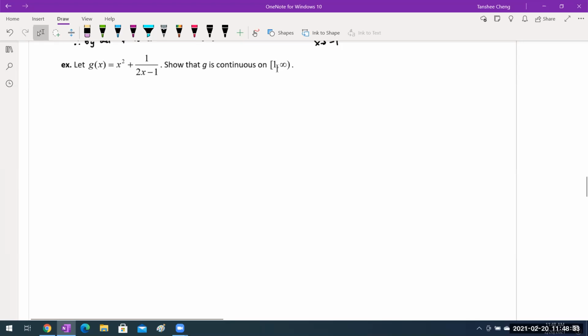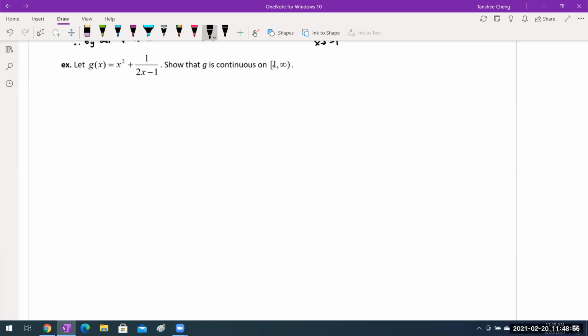The left endpoint 1. And notice that this rational function 1 over 2x minus 1, the domain is anything except what? 1/2. And then the interval that we want to show does not include that 1/2. So therefore, I can see that it is away from the vertical asymptote.